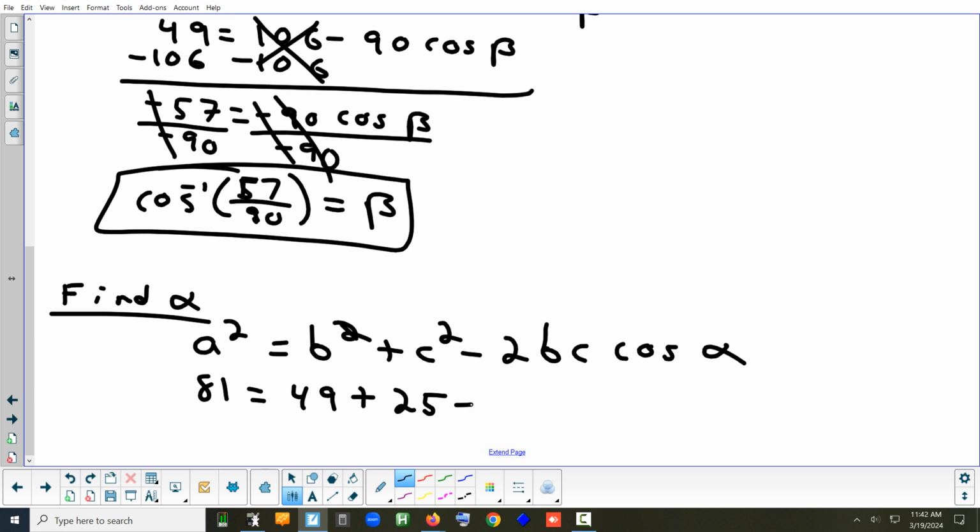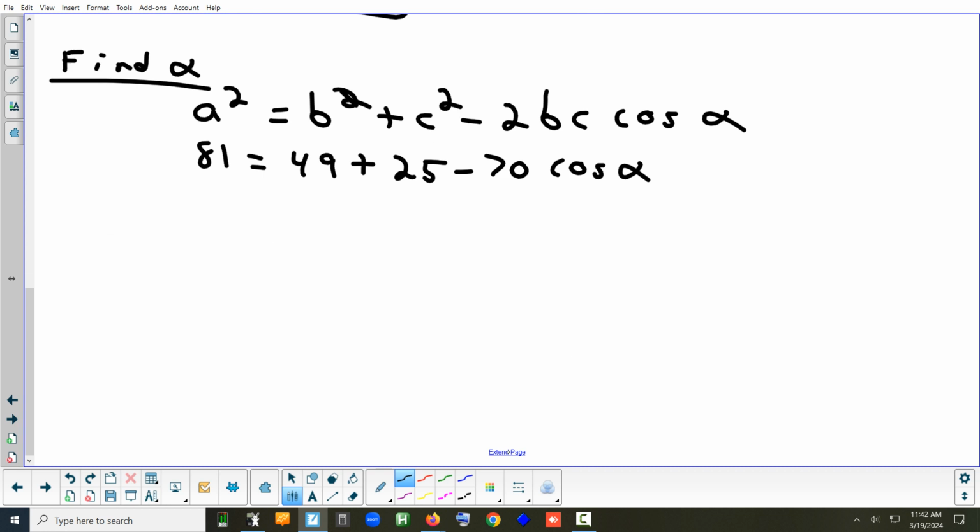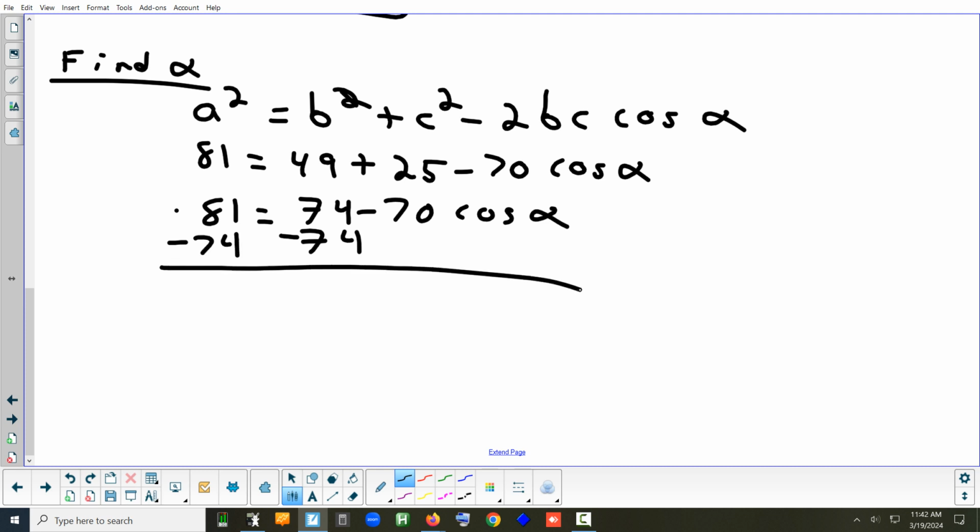And now I need 2 times 7 times 5. 70 cosine alpha. Okay. Combine like terms. What's 49 plus 25? 74. Can I do 70 minus 74? No. Or 74 minus 70? No, can't do that. Bring the 74 to the other side. Okay, 81 minus 74, 7.